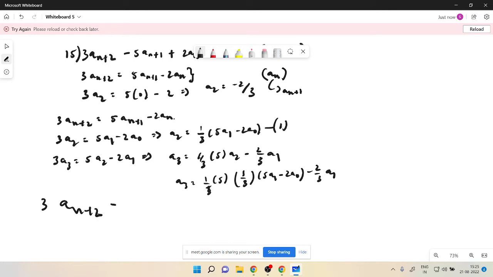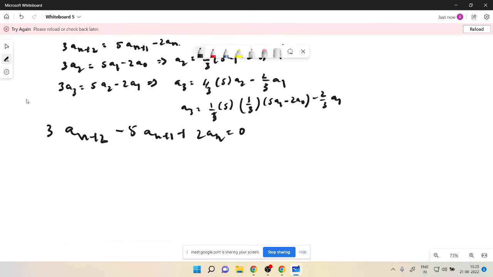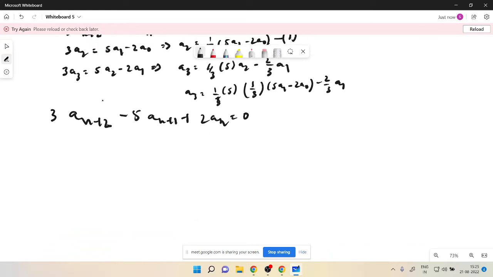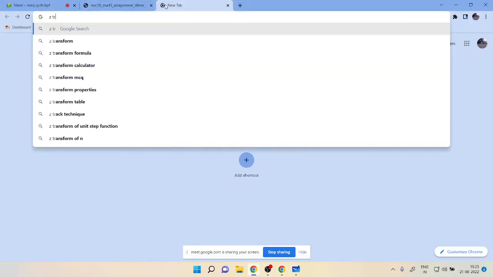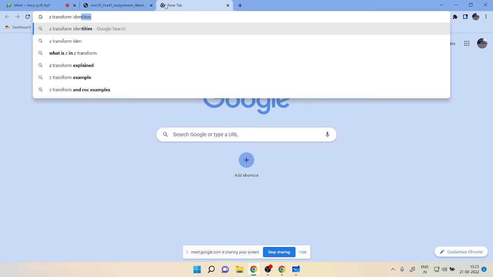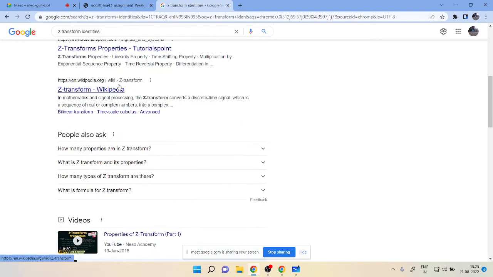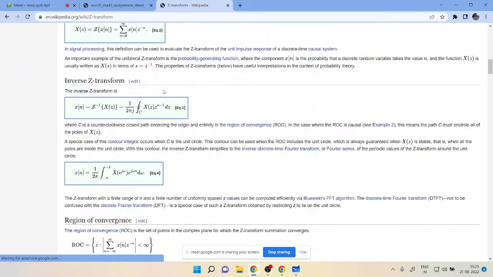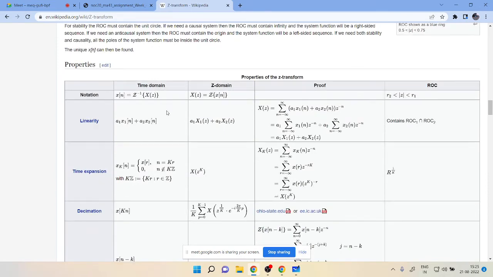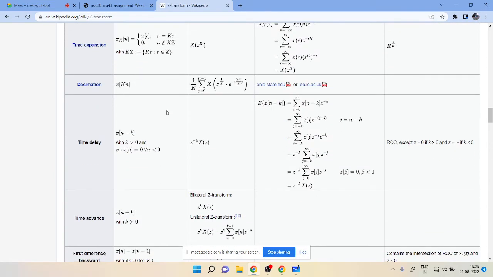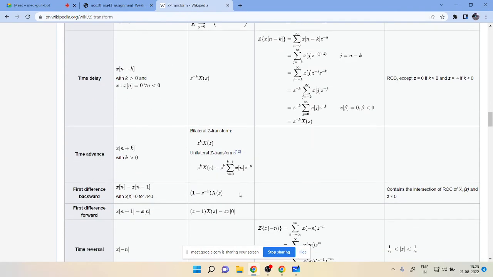3a(n+2) minus 5a(n+1) plus 2a(n) equals 0. Let us try this with the Z transform. We'll use some Z transform identities and see if things work out. We can use the time advance property.